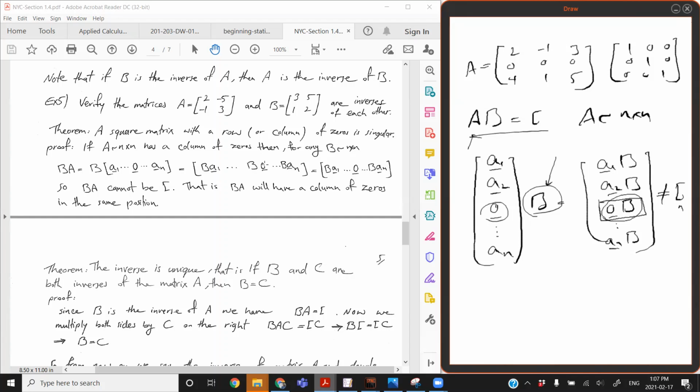And then at some point, you will have B times 0. You will have a column of zeros. And that column of zeros ensures that this can never be I, because the identity matrix does not have a column of zeros. So if a matrix has a row of zeros or a column of zeros, then automatically it is singular.